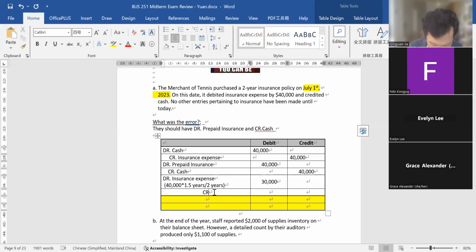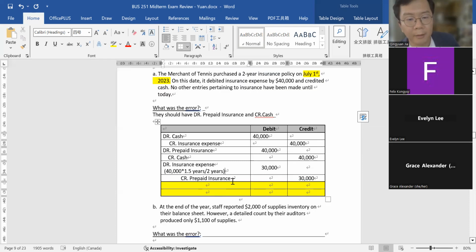And then you have to credit prepaid insurance. This is 30,000 as well. So my understanding is you put that amount in prepaid insurance, and because 30,000 has already been used, you have to transfer this amount from prepaid insurance into insurance expense. So it transfers from the assets into expenses, right?